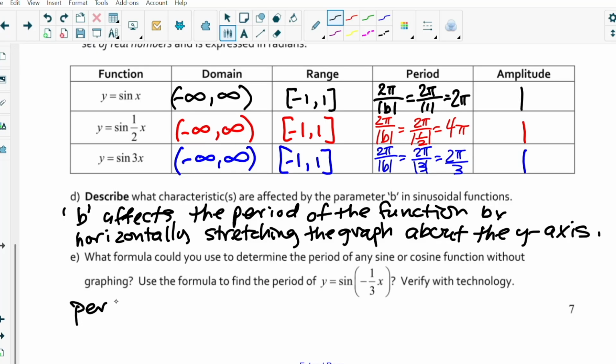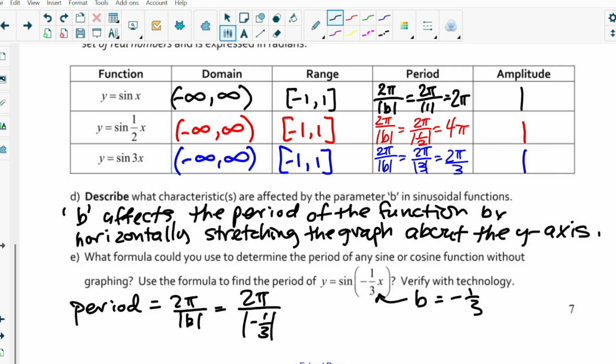So period equals 2 pi over the absolute value of b, and it equals 2 pi over the absolute value of -1/3, because my b value equals -1/3, and that equals 6 pi. Okay, so grab your graphing calculator.